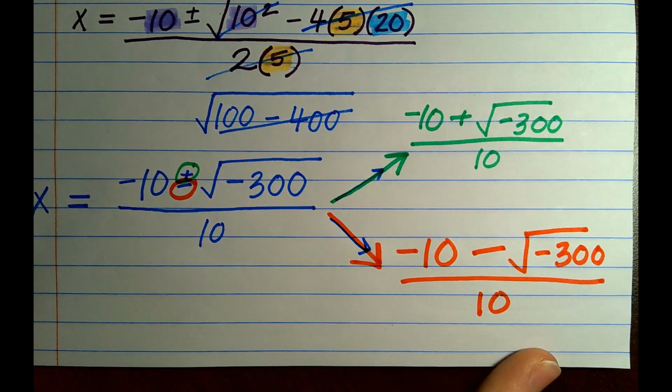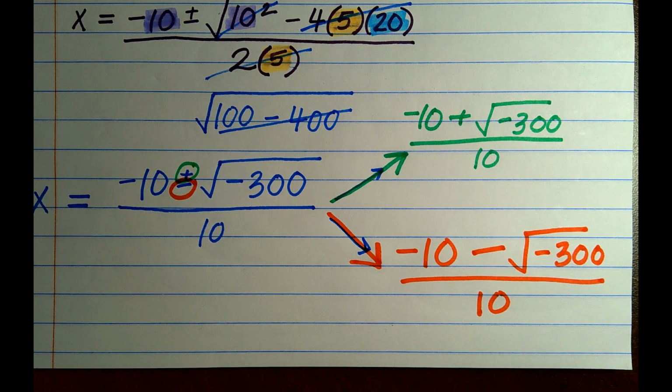So, here we go. Now we are here. And as crazy as this looks, it's not too bad if we don't get a negative number under our square root.